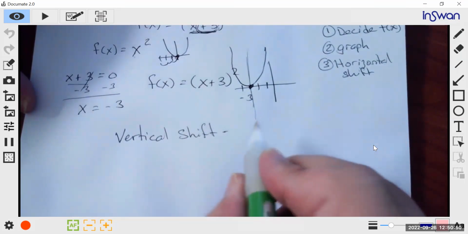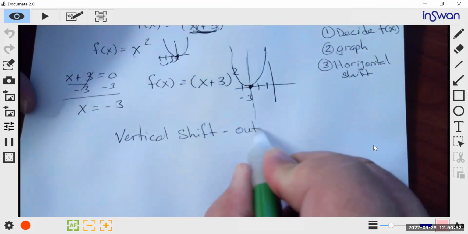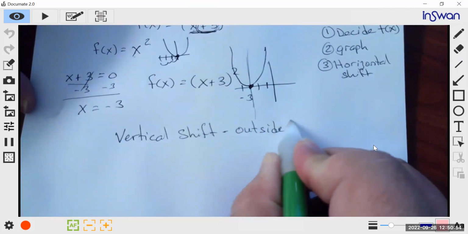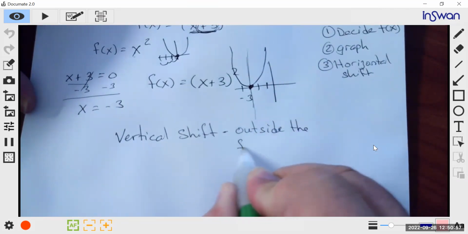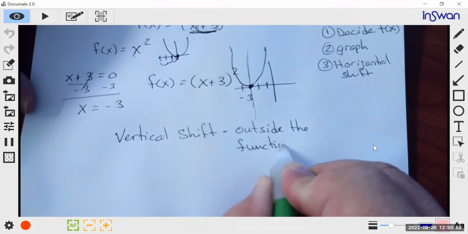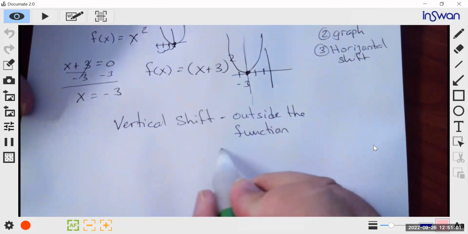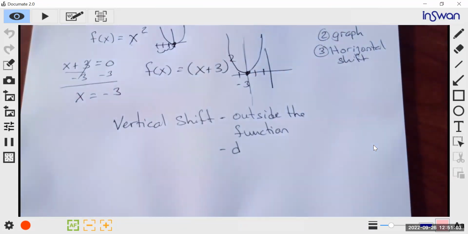Vertical shift happens outside the function. The vertical shift is the D value.